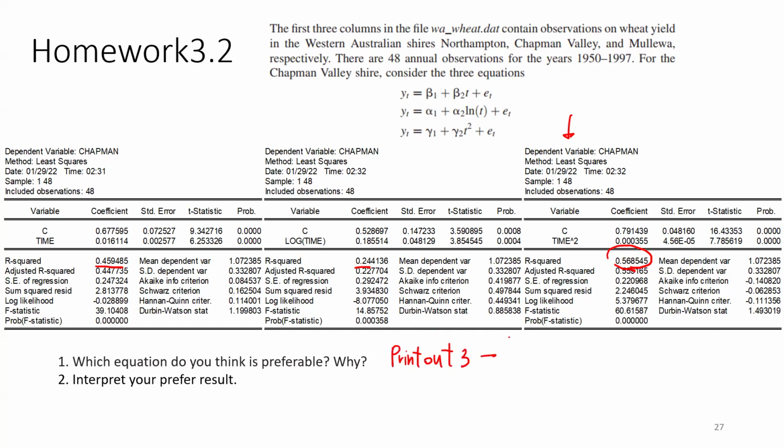Printout three because it has the highest R square, the best fit model.